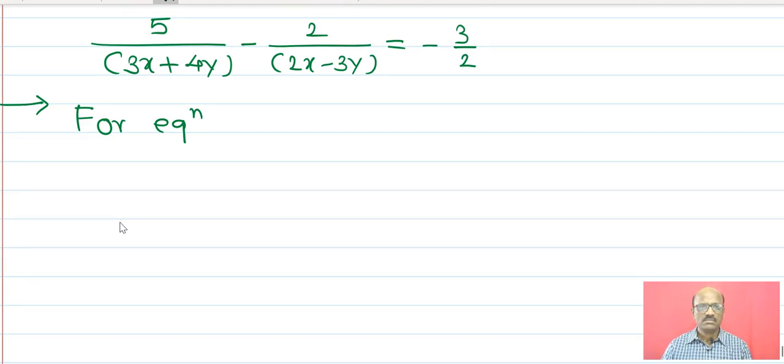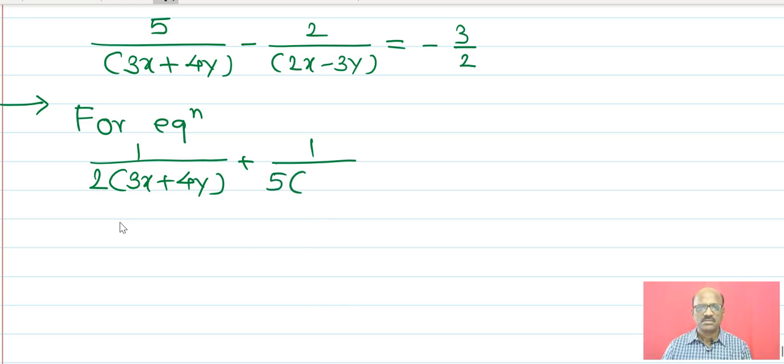Therefore, for the given equation, that is 1 upon 2 in bracket 3x plus 4y plus 5 in bracket 2x minus 3y is equals to 1 upon 4.